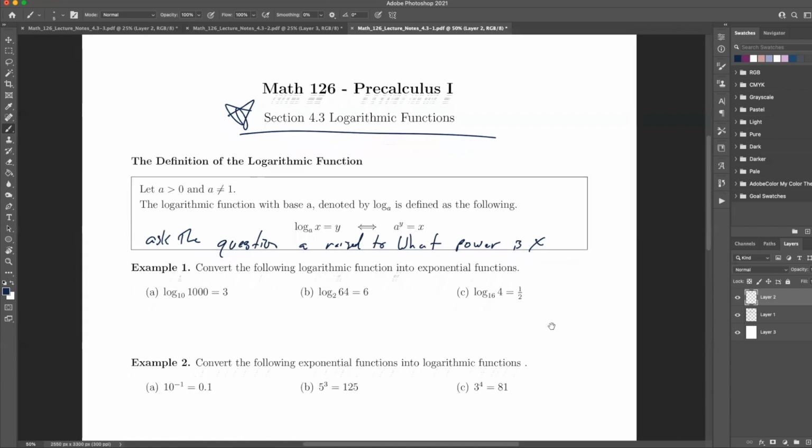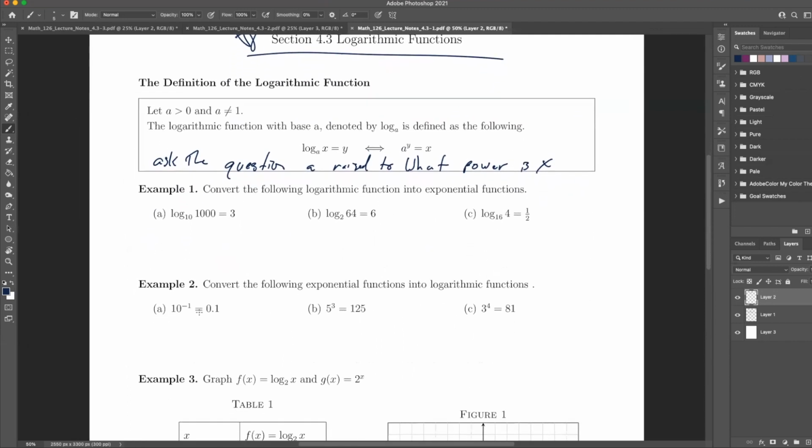So in order to get used to solving logs, we first need to figure out what it's asking. It's nice to convert logs to exponents and exponents to logs. So if we do this, this would be 10 to what power is 1,000?